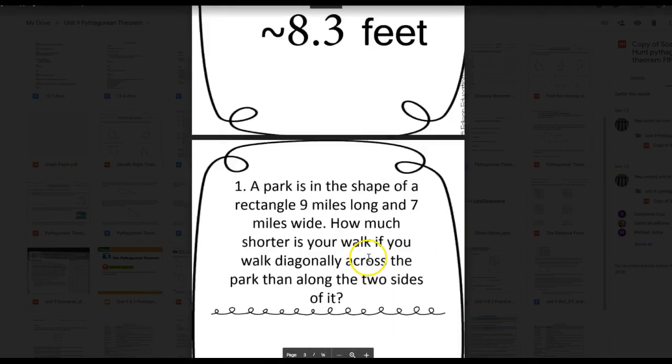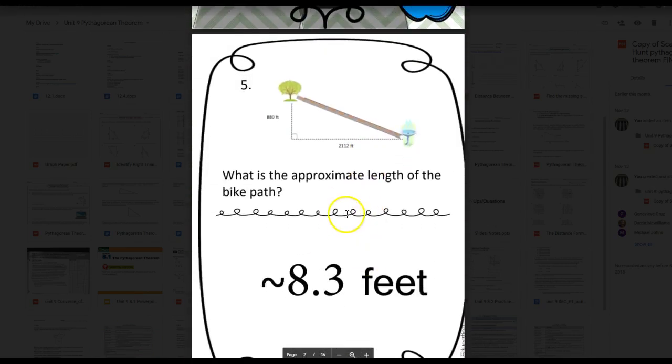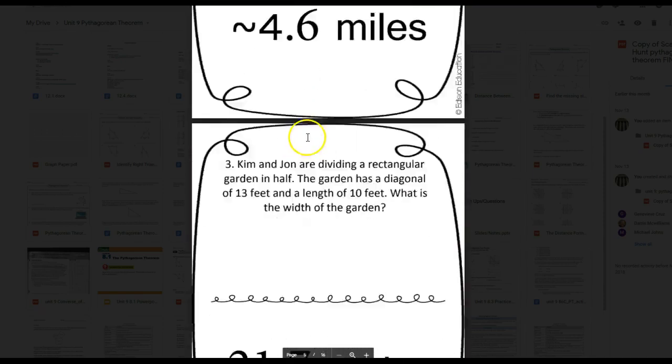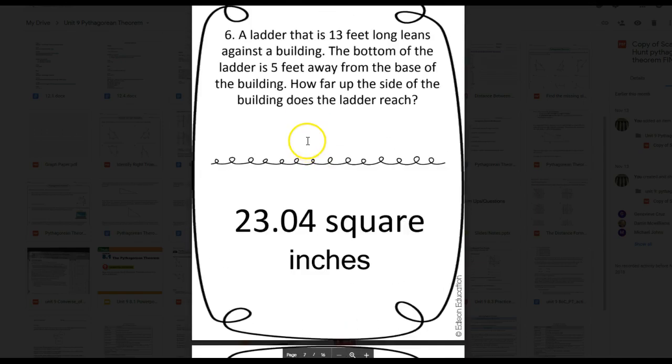Number 5, let's back up here. What is the approximate length of the bike path? Okay. This side is 180, this side is 2,112. You need to find the hypotenuse. Number 6, a ladder that is 13 feet long leans against a building.